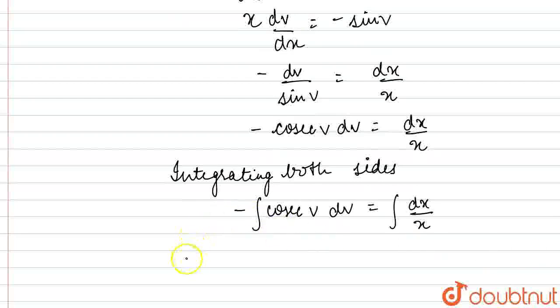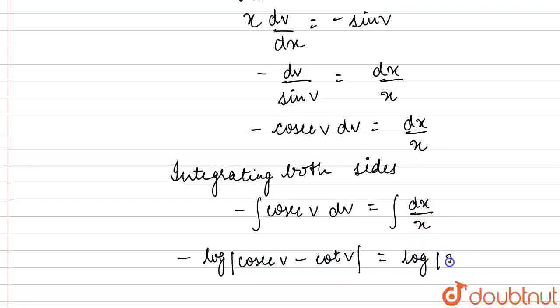Alright, now we know that the integral of cosec v is equal to log mod of cosec v minus cot v, and the integral of dx by x is nothing but log mod of x plus we'll get some constant, and let's say this constant is log c.